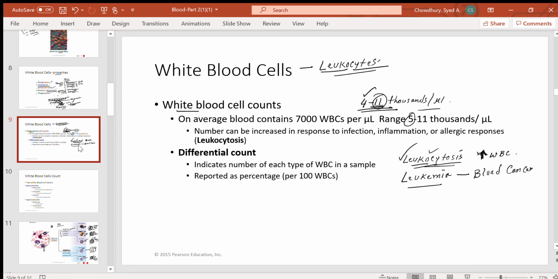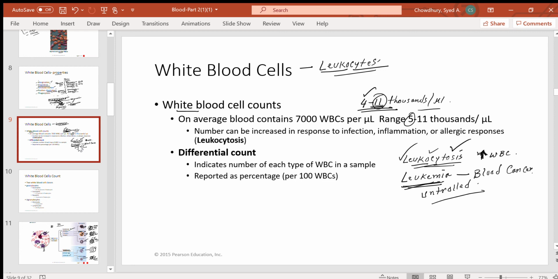In this case, the number gets extremely high, uncontrolled production. The other one is slightly higher, but this is unusual, uncontrolled production of white blood cells.